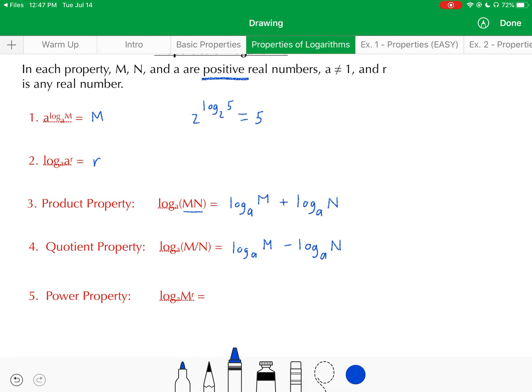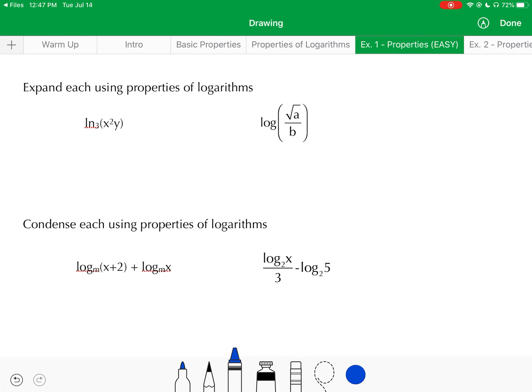And then the power property, log base a of m to the power of r, can be thought of as r times log base a of m. So r is a power, and then log base a of m is a power. You are multiplying 2 powers together. This is nothing more than our power to a power property of exponents.